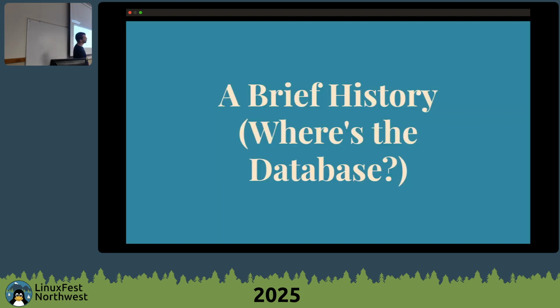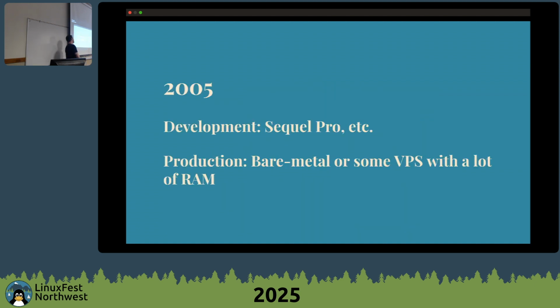Okay, so how did we used to do this, right? How did we get here? Let's just go through this briefly. 2005, this is around when I was starting to charge money for doing this stuff. I was on a Mac, and so my development environment was SQL Pro. Is anyone else familiar with SQL Pro? Okay, it was just a macOS MySQL implementation. It had a really nice UI. It was free. I think it's still around, but I don't use MySQL much anymore.